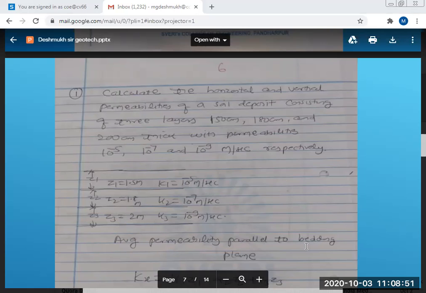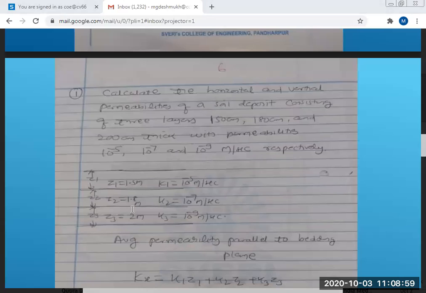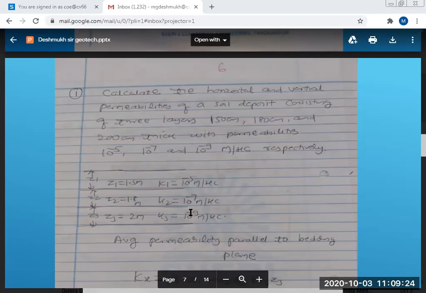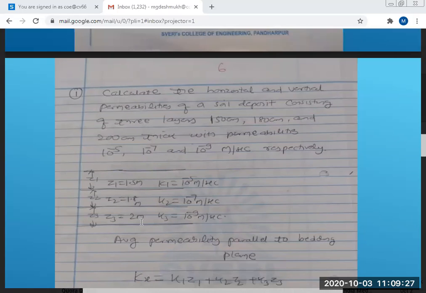So see here, what you have to do is you have to find the horizontal and vertical permeabilities. You have to find kx and kz. What is given here? Thicknesses has been given. Thickness is given in centimeter whereas permeabilities are given in meter. तो आप या तो इसको मीटर में कन्वर्ट करो या इसको सेंटीमीटर में कन्वर्ट करो, क्योंकि यूनिट दोनों का सेम रहना. तो यहां पर मैं मीटर में चेंज किया हूं, तो Z1 इज 1.5 मीटर, Z2 इज 1.8 मीटर एंड Z3 इज 2 मीटर. याद रखो ये प्रॉब्लम बहुत बहुत इजी है.